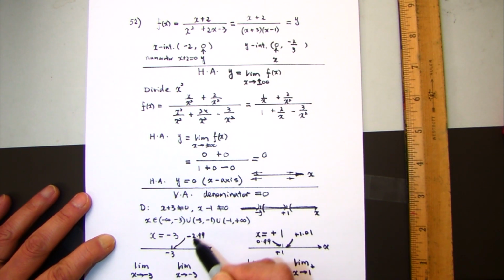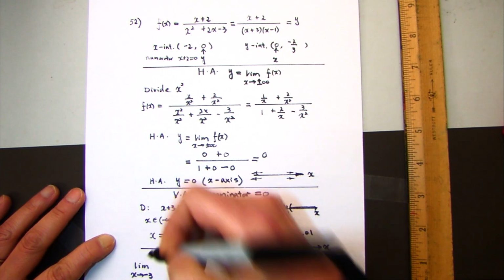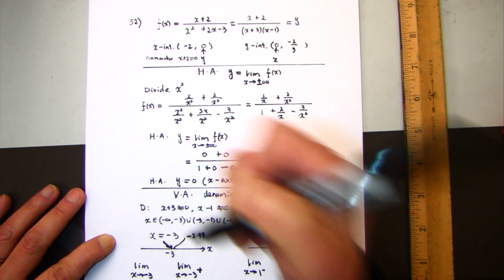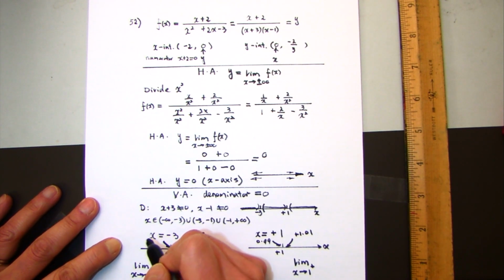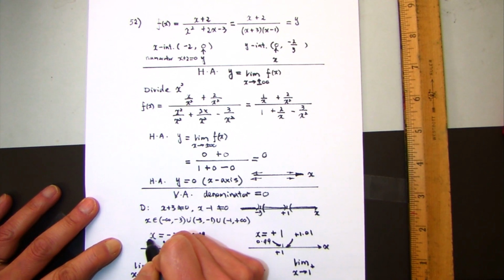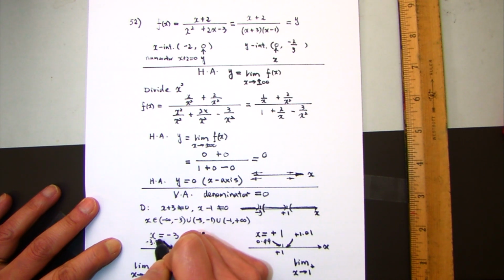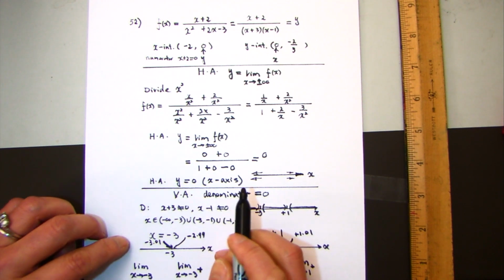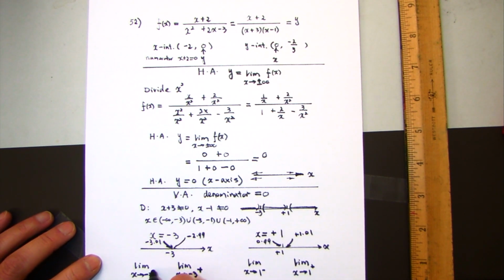Okay, and that is getting close to negative 3 from the right-hand side, to indicate right, tiny positive sign. Okay. How do I have slightly less money than owing people $3? Maybe I owe $3 and a penny. That's pretty close. And that is getting close to negative 3 from the left-hand side.